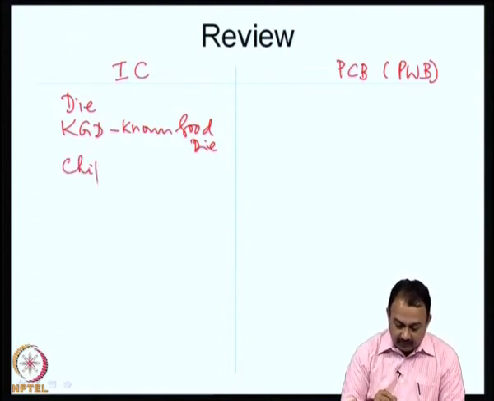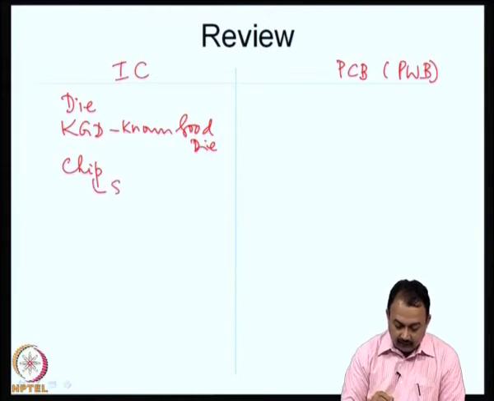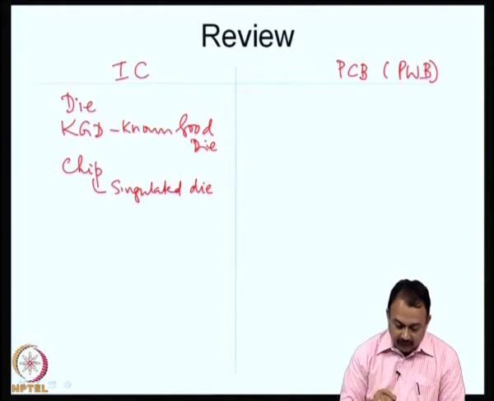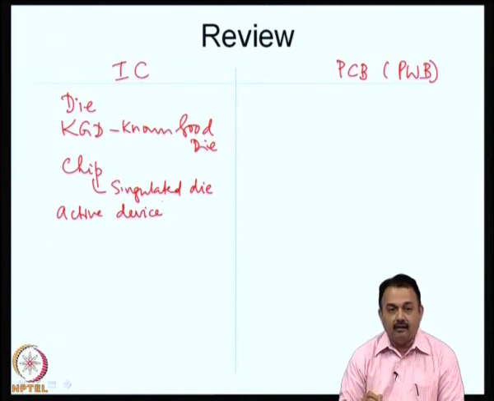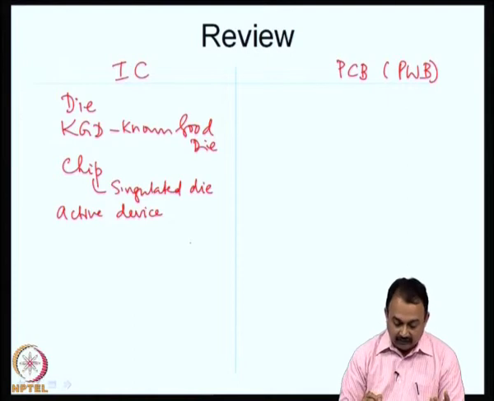A common term that is used is a chip or a microchip, that also represents a device that has been fabricated out of silicon wafer. So, it can be a singulated die, that is from the wafer it has been singulated and it is ready for packaging. Then the other term that I have commonly used is active device. It can be a microcontroller, a microprocessor, various active devices that perform different functionalities.